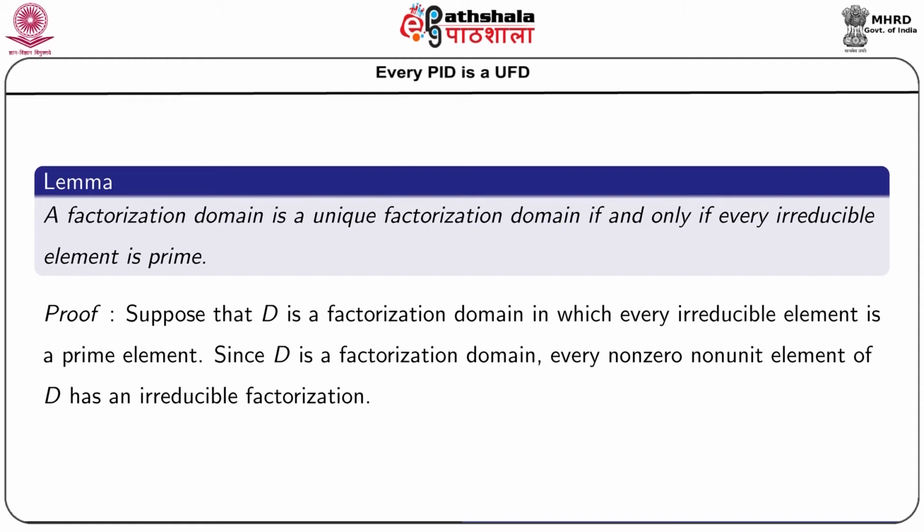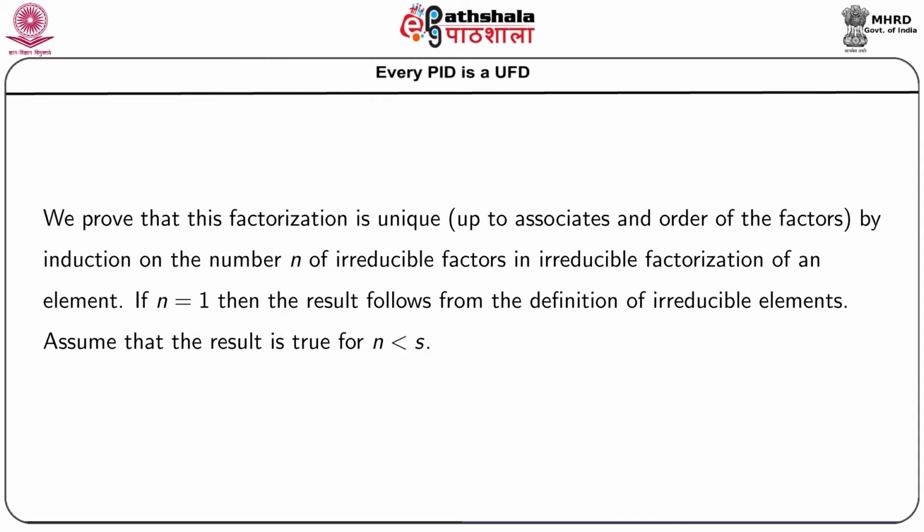So, consider a factorization domain D in which every irreducible element is a prime element. Since D is a factorization domain, every non-zero non-unit element of D has an irreducible factorization. It remains only to show that this factorization is unique up to associates and order of the factors, and we will prove this by induction on the number n of irreducible factors in irreducible factorizations of an element.